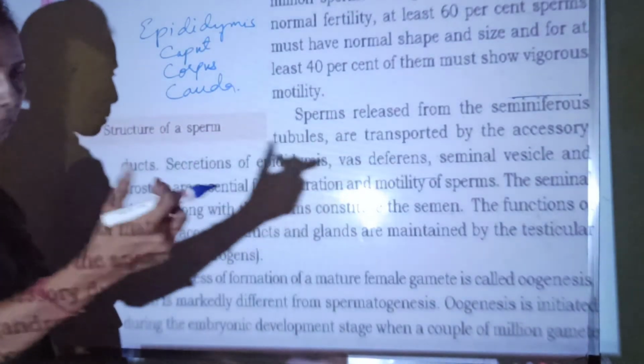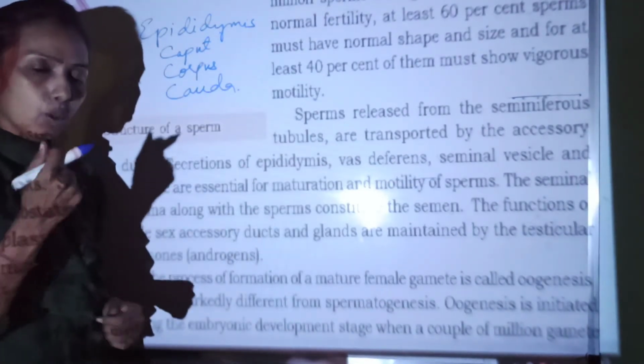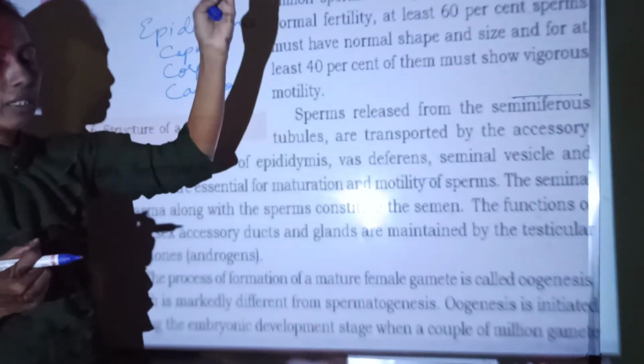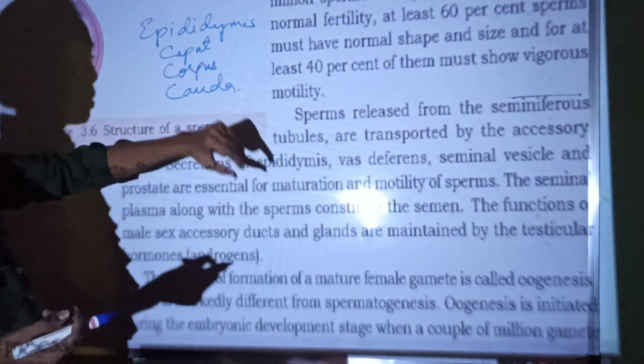It is the supercoiled structure lying partially above each testis. In the cauda, the sperms get matured.